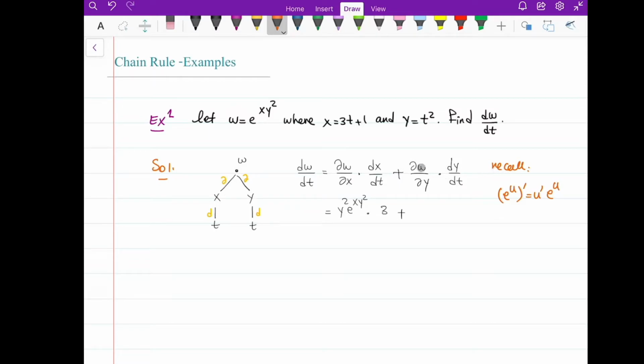So the derivative of w with respect to y is the exponential function itself, e to the xy squared, and then the derivative of xy squared with respect to y is just 2xy. The derivative of y with respect to t is just 2t. Now you can replace any x and y with the given functions, and then you have everything in terms of t.